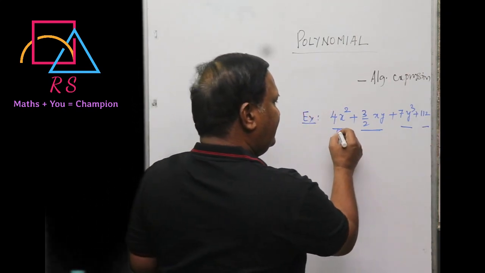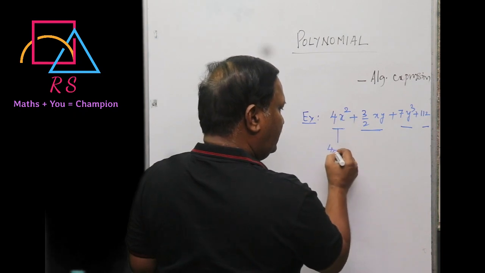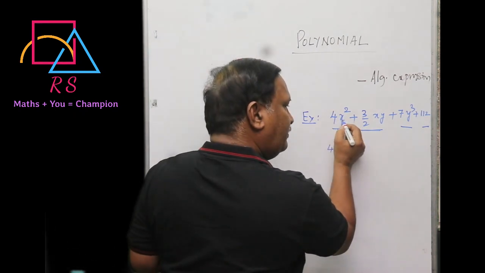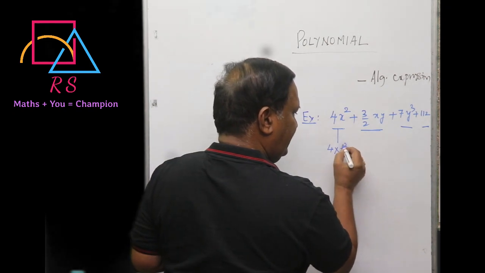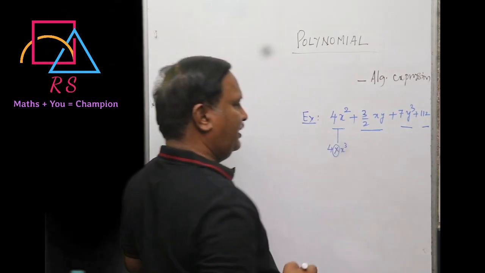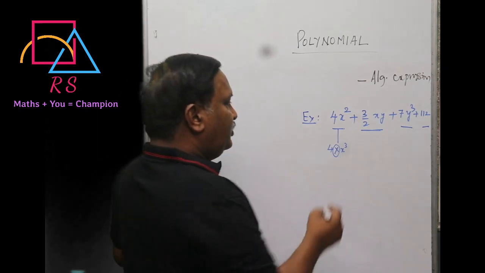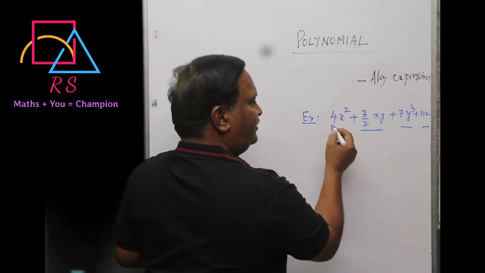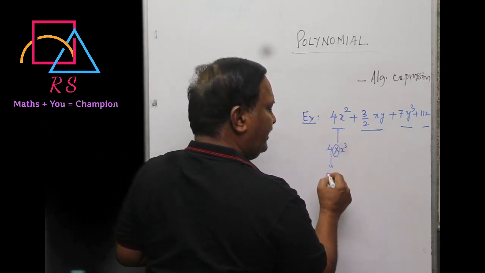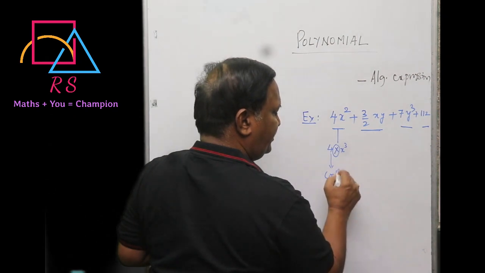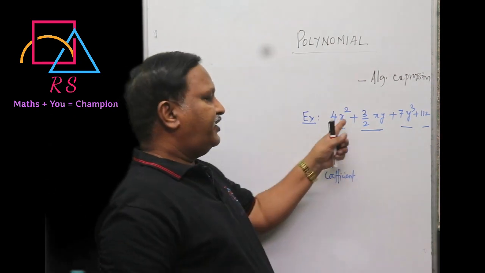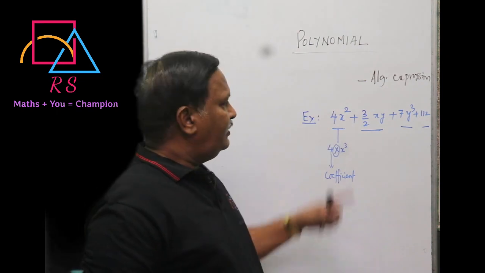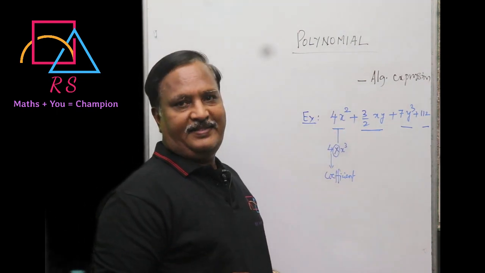Now in 4x square, there is no sign between 4 and x square, so we can say there is a multiplication symbol. So 4 is multiplying, so we can call that 4 a coefficient of x square. X is a variable, 2 is the power of x.